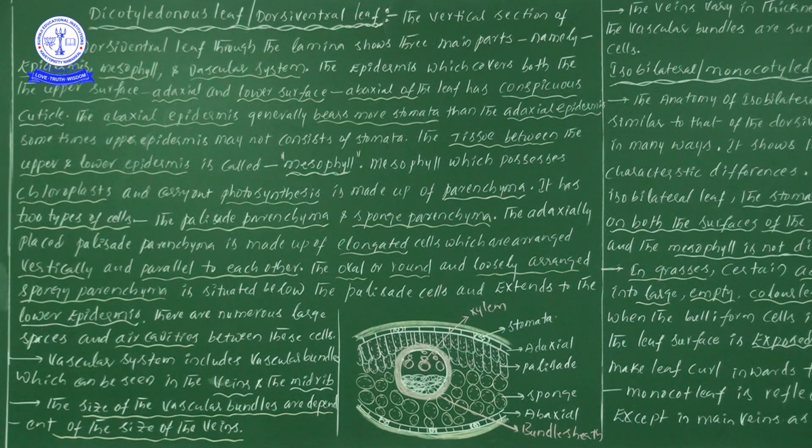Suppose in case of roots or stems, we will take a transverse section. Listen carefully and try to remember: roots or stems, transverse section. If you take a leaf for the study of anatomical structure, the section we have to do is a vertical section. I hope you understood this.